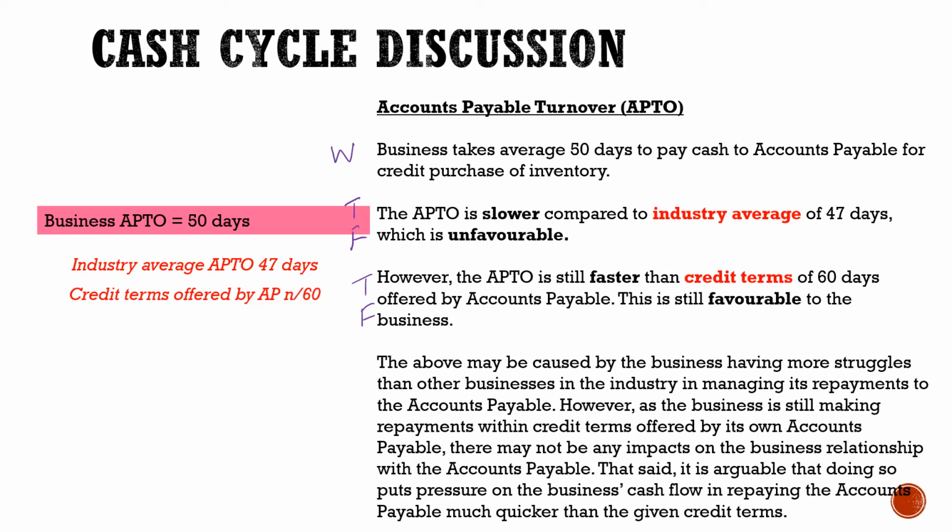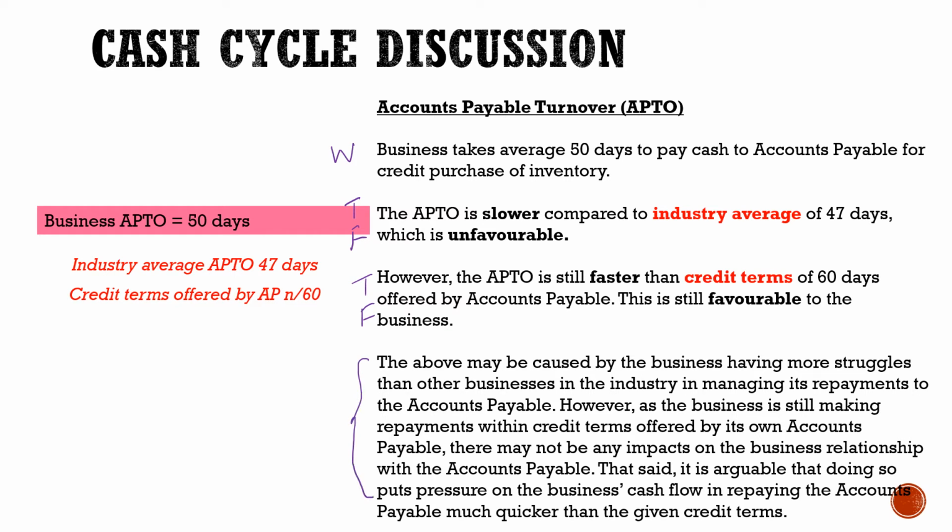The above may be caused by the business having more struggles than other businesses in the industry in managing its repayments to the accounts payable. However, as the business is still making repayments within credit terms offered by its own accounts payable, there may not be any impacts on the business relationship with the accounts payable. That said, it is arguable that doing so puts pressure on the business cash flow in repaying the accounts payable much quicker than the given credit terms.